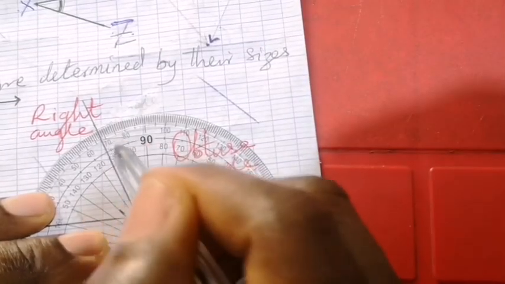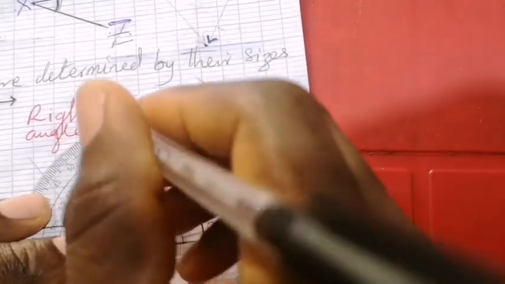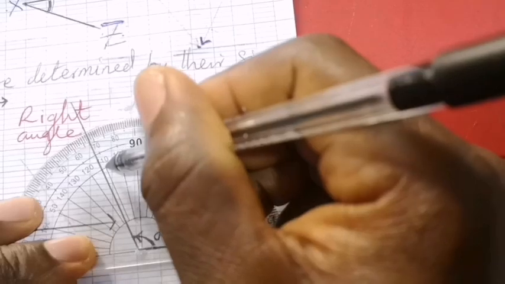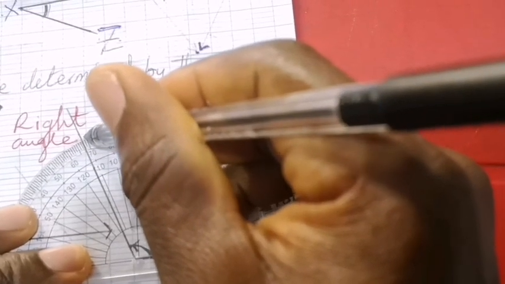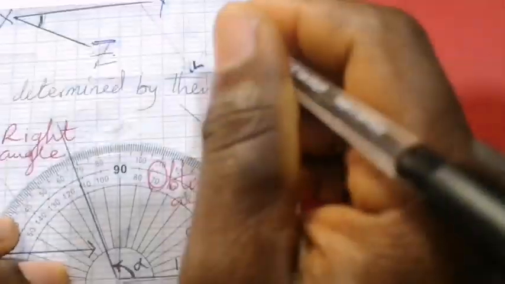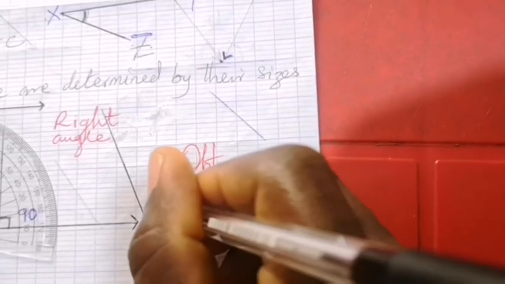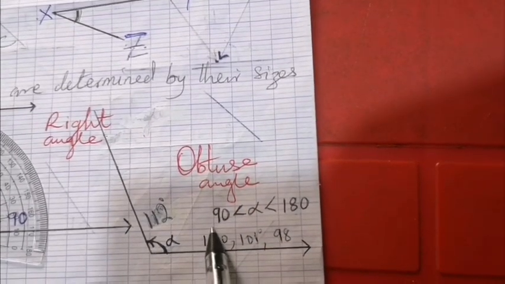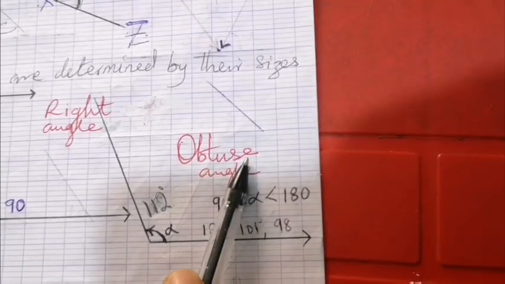We have 110 here, which is this point. This is 111, 112. So the value of the angle is 112. Yes, and because it is bigger than 90 degrees and less than 180 degrees, it is an example of obtuse angle.